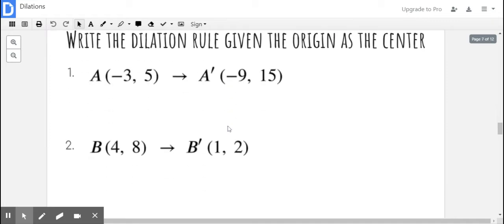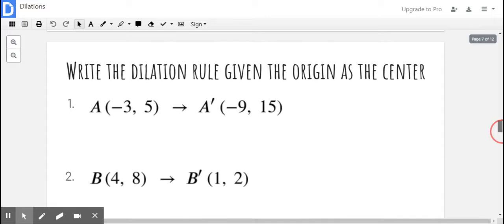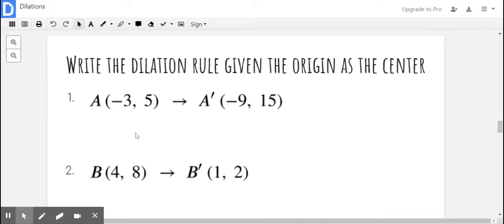Moving on. If we're looking at these two examples of getting the dilation rule just from the points and not from looking at the blocks. In this first one, we have (x, y), and to get to A prime, -3 times 3 is -9, 5 times 3 is 15. So that means that we would have 3x and 3y for this first rule.